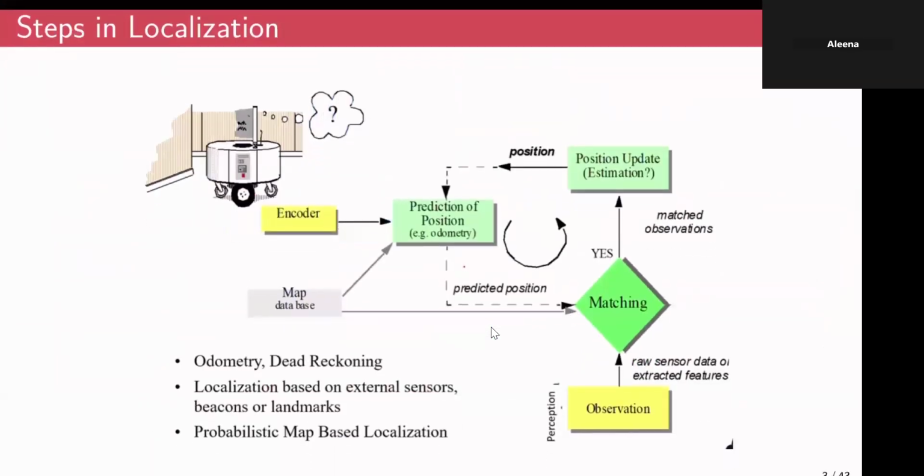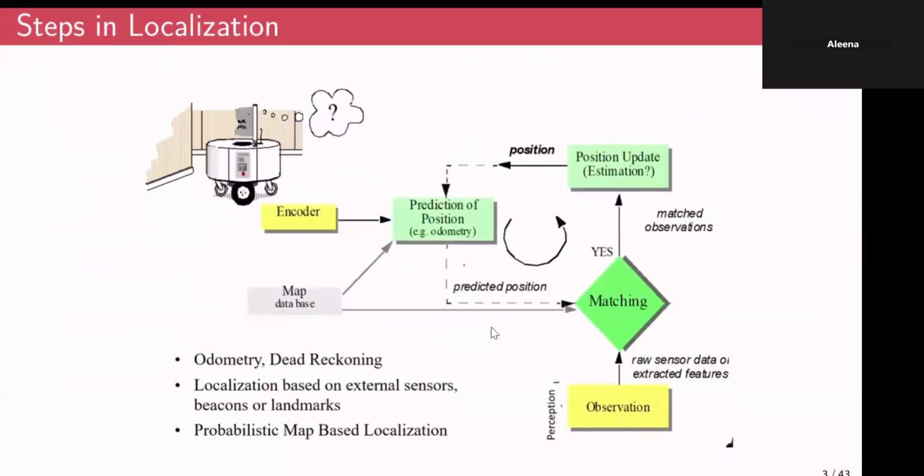Let's see what are the important steps of localization. We'll begin with this stage, prediction of position. For example, if you consider your robot to be in this position, I'll just draw a coordinate system like this. At time t, this is the position of the robot, xt.